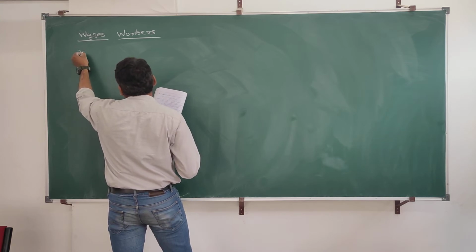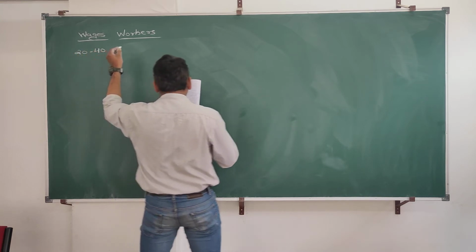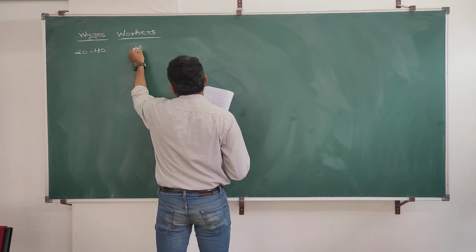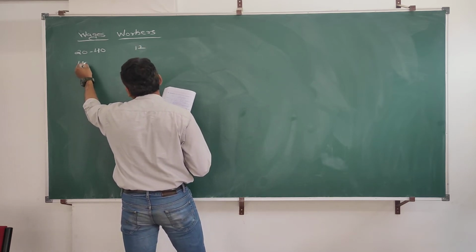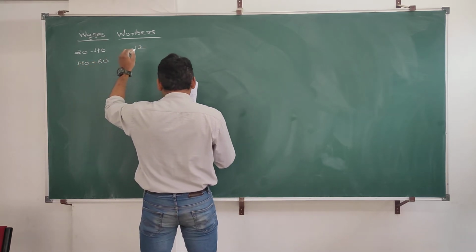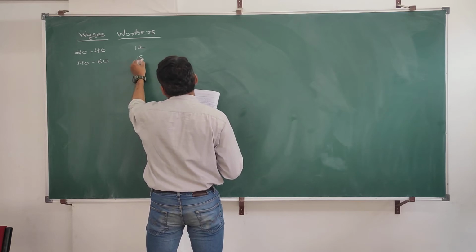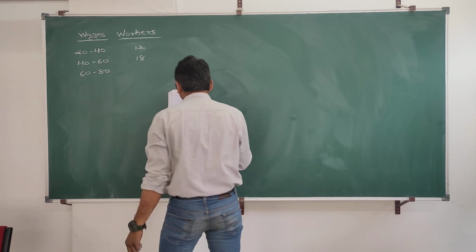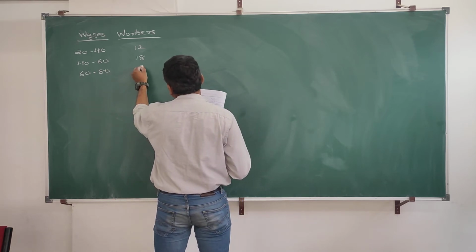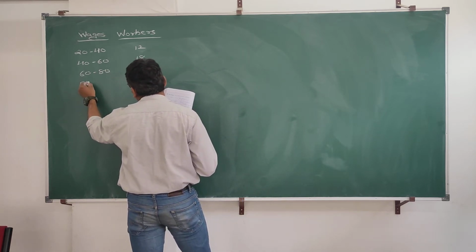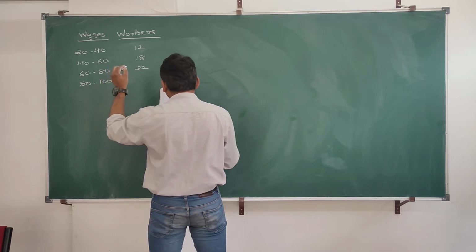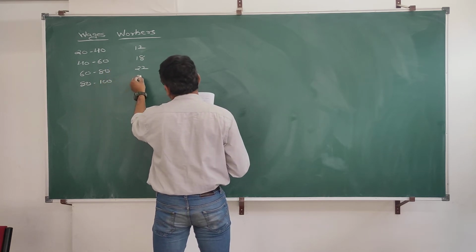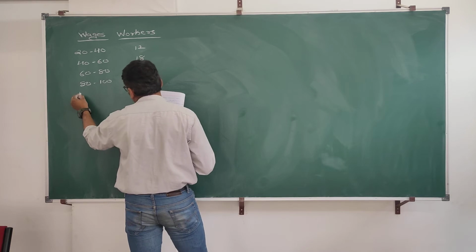Wages column: 20 to 40, workers 12. 40 to 60, workers 18. 60 to 80, 22. 80 to 100, 38.